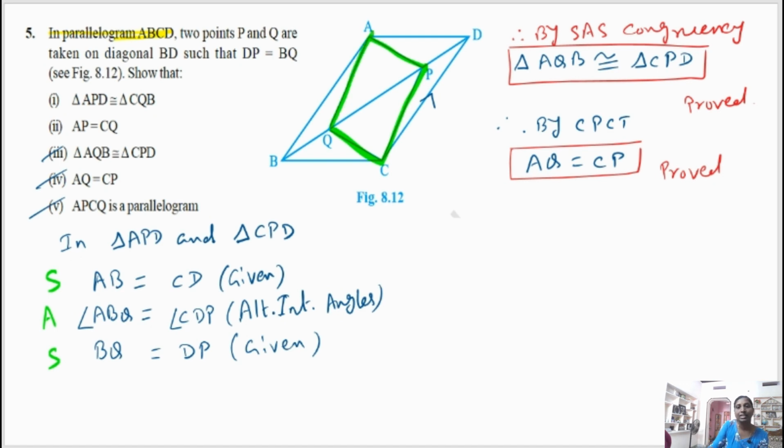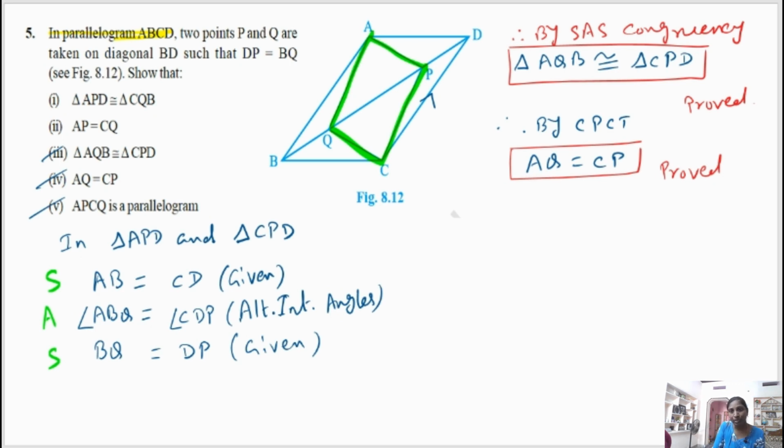Okay, friends, I hope all of you know the definition of a parallelogram. If in a quadrilateral, both the pairs of opposite sides are equal, then it is a parallelogram.